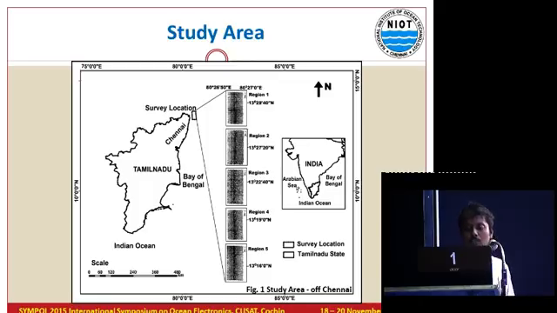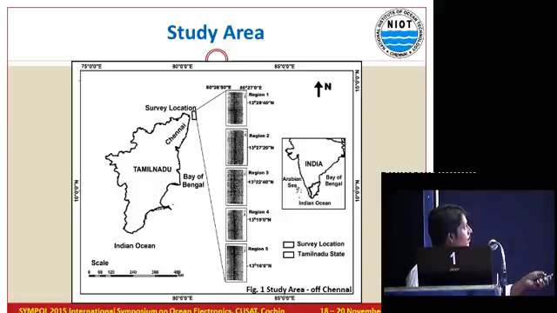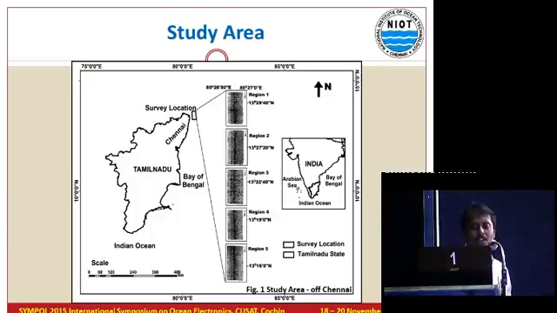For the study area, I am showing that the rectangular box survey location is in option 9. It is a 40 kilometer long survey line I have taken. In that 40 kilometer long line I divided the regions into five small transects, region 1 to region 5.